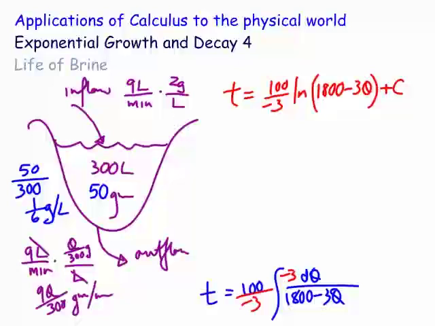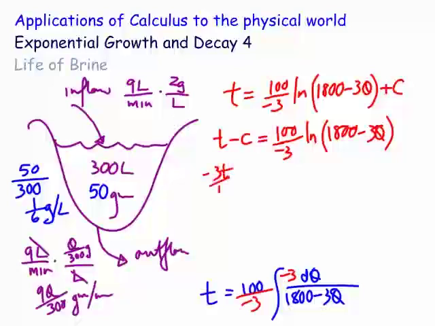We can do a few things here, but I'll normally just put the c across. T minus c is equal to 100 on minus 3 ln again, 1800 minus 3q, multiplied by minus 3 on 100, you get minus 3t on 100, plus 3c on 100, this is just a constant.